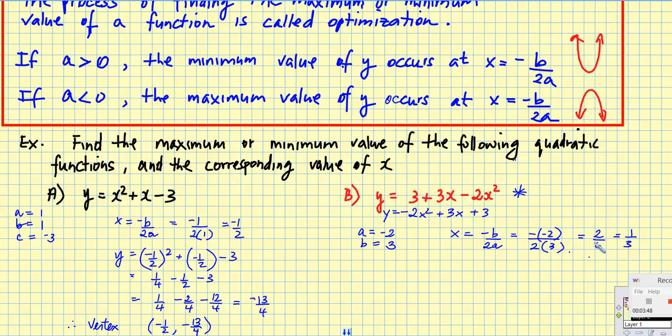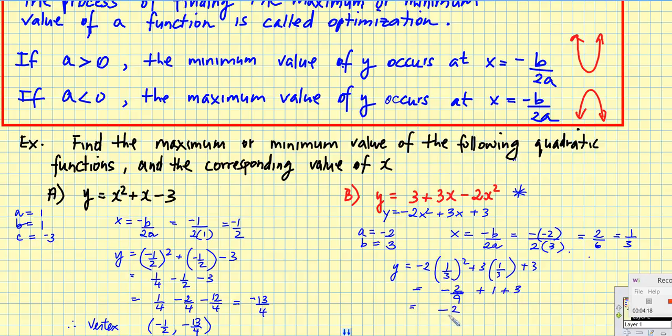All right, so once I have figured out that my x value of the vertex is 1/3, I then just substitute it into the equation y equals, to find the y value of the vertex. So I will have y equals negative 2 times 1/3 squared plus 3 times 1/3 plus 3, so that I get negative 2 over 9 plus 1 plus 3.